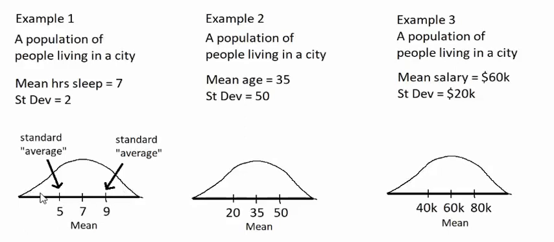And there are going to be some people who are closer to the mean than 2. Those people would be in this middle area right around the mean of 7. They're closer than 2 to the mean. But the standard or typical or average distance from the mean is 2 in this situation, because I've said that the standard deviation is 2.